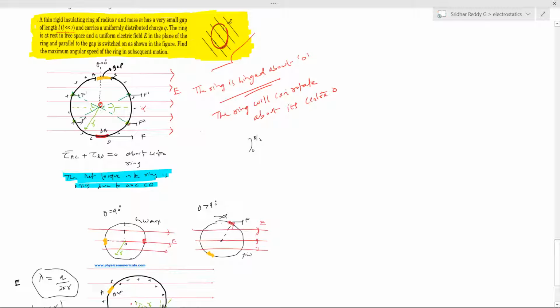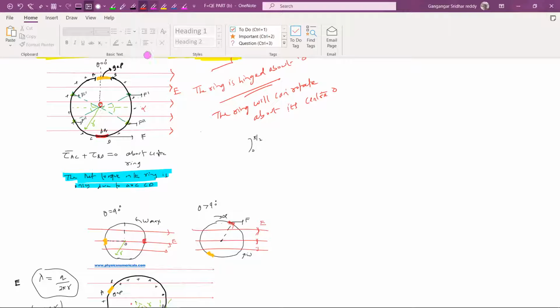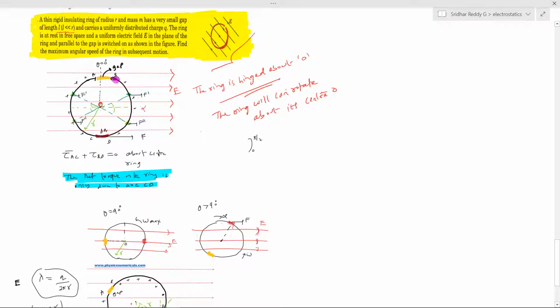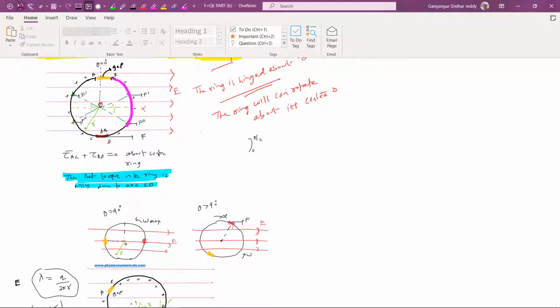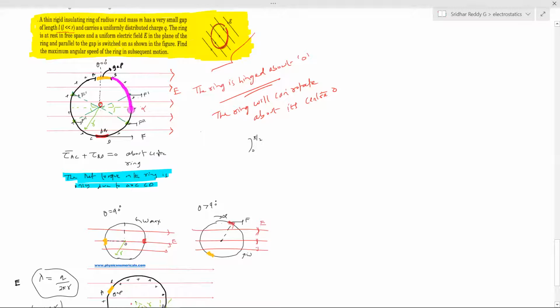Let me assume two symmetric elements here. So what force is acting? The same force will act on this. So what about the torque? The net torque, will it be zero or non-zero? Yes, due to this element it will be zero. What torque will act due to this arc? Equal and opposite will act due to the other arc. So we'll take elements.